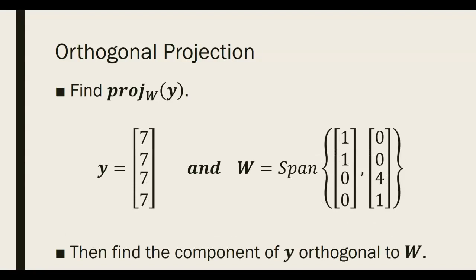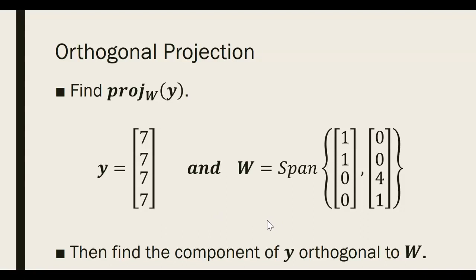Now you can do this in any dimension you want. So I want you to push pause and find the projection of y onto this W and then find the component of y orthogonal to W. So we're going to start this.